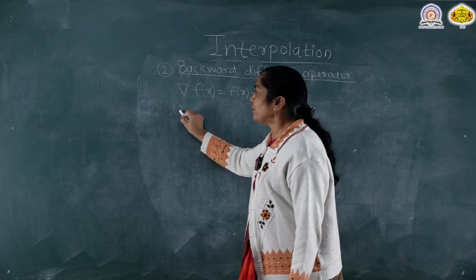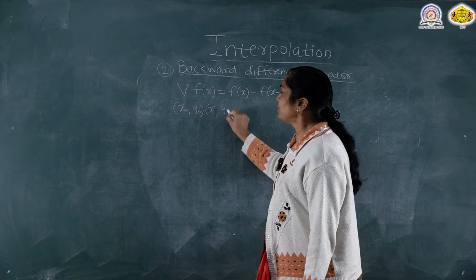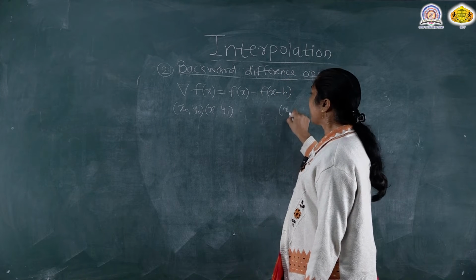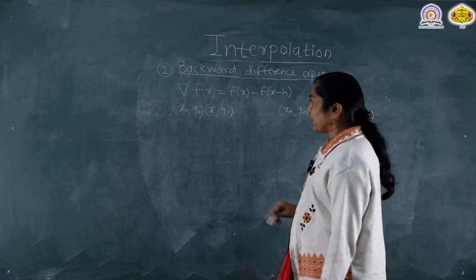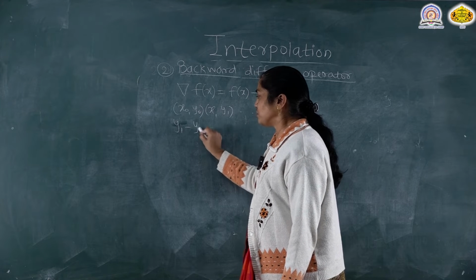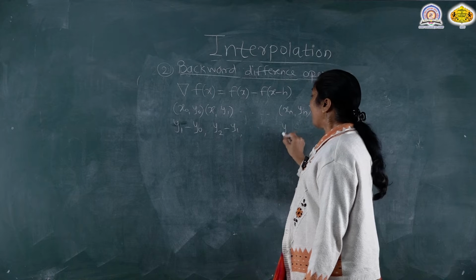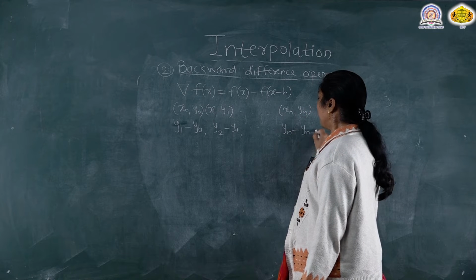If we denote the values of the table by x0, y0, x1, y1 up to xn, yn, then we have the differences y1 minus y0, y2 minus y1 or yn minus yn minus 1.